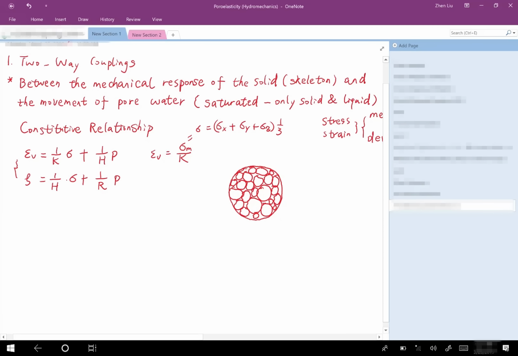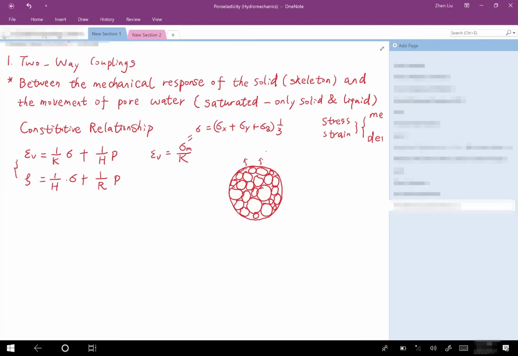So what's going to happen is that, for example, sigma is just like, if we wrap this porous material up with one membrane, like a balloon, just like we put some porous material particles into a balloon, and then we add water into it until it's saturated.